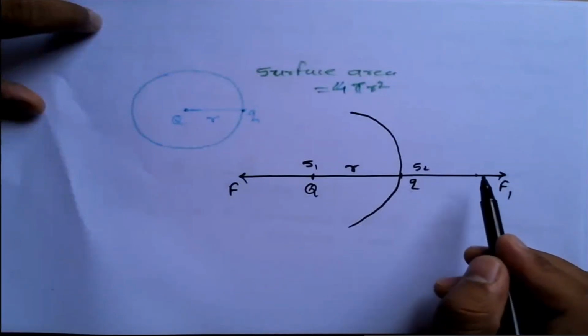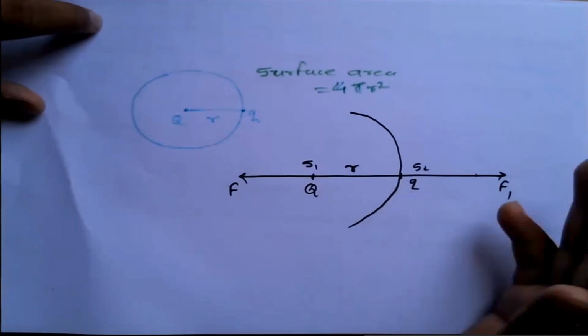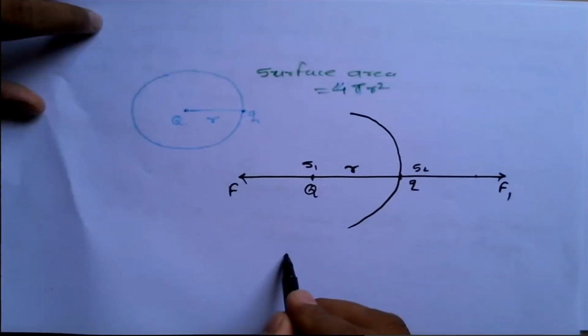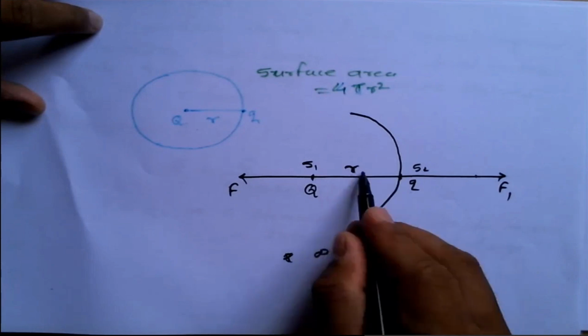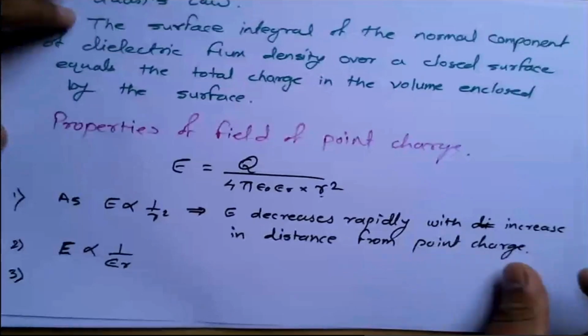The potential at that particular point can be defined as bringing this unit positive charge from infinity to this particular point, at a distance r.